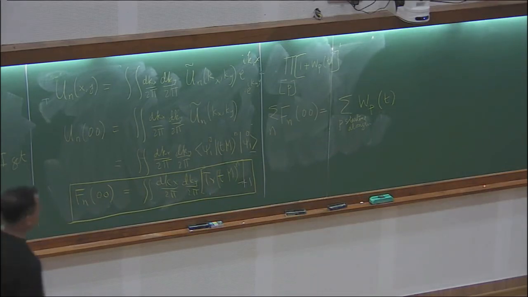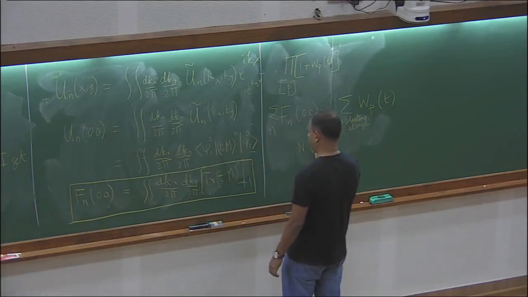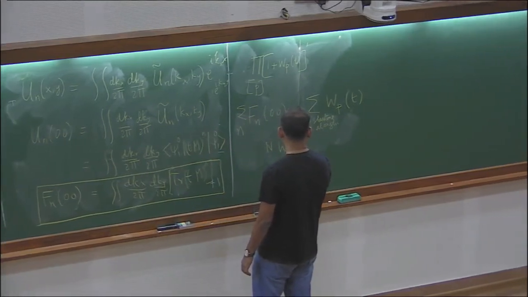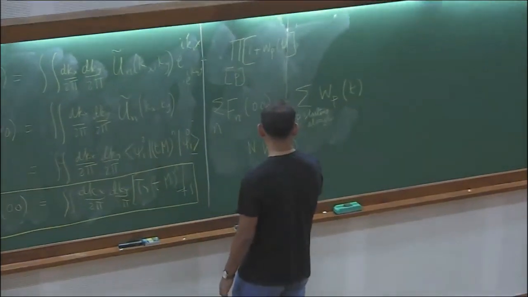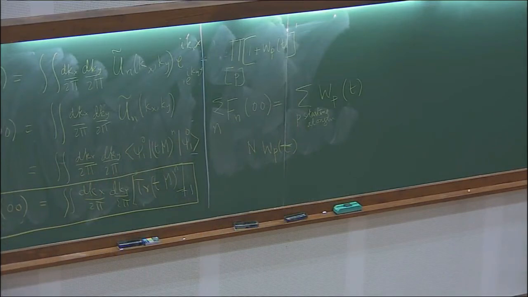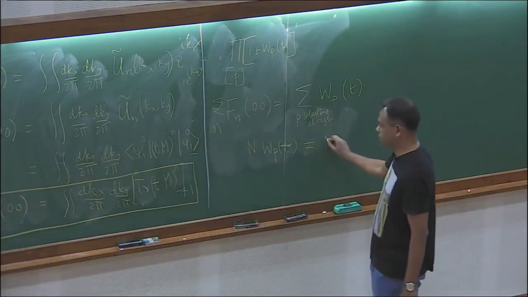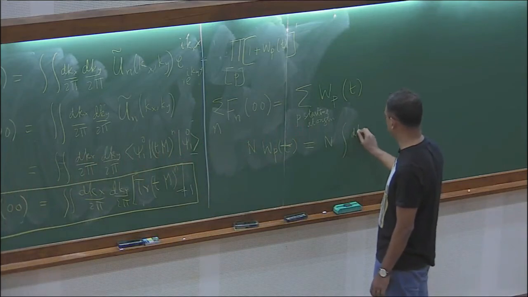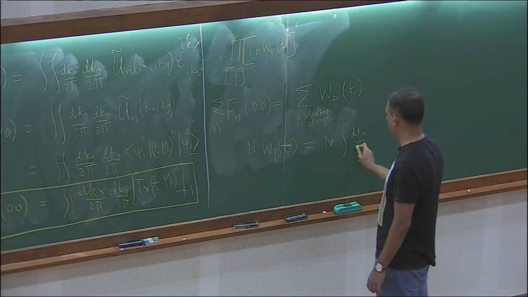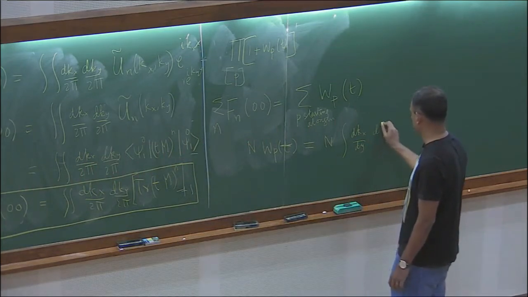So what we should consider is n times WP of t, which is n times integral dkx by 2 pi, and dky by 2 pi.